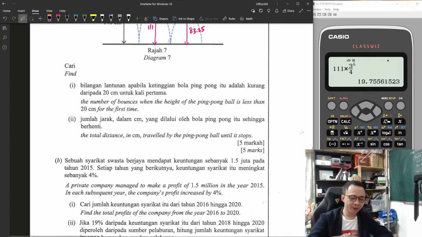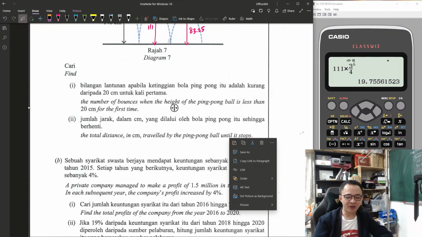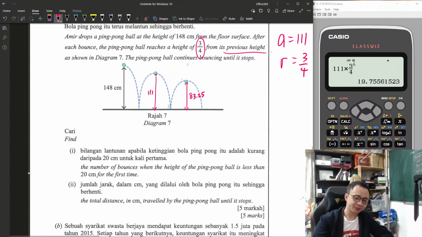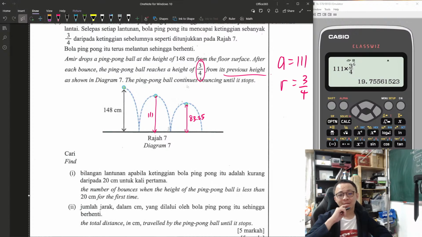Alright, so part B. Find the total distance traveled by the ping pong ball. Okay, so here we will just assume the 111 is basically going to have 2 times.